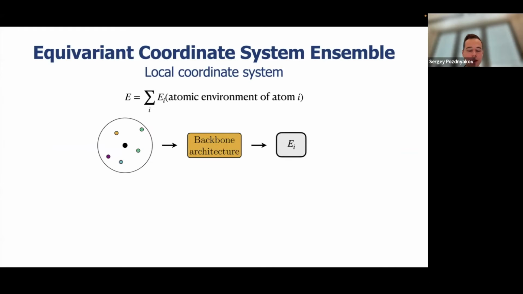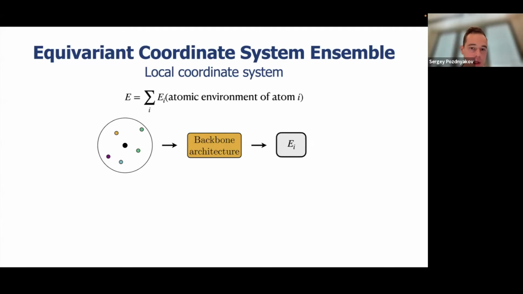The idea is that energy is an extensive property, and as a direct consequence, most of the models in atomistic modeling decompose the total energy into the sum of atomic contributions. And next, these atomic contributions are summed up into the total energy.